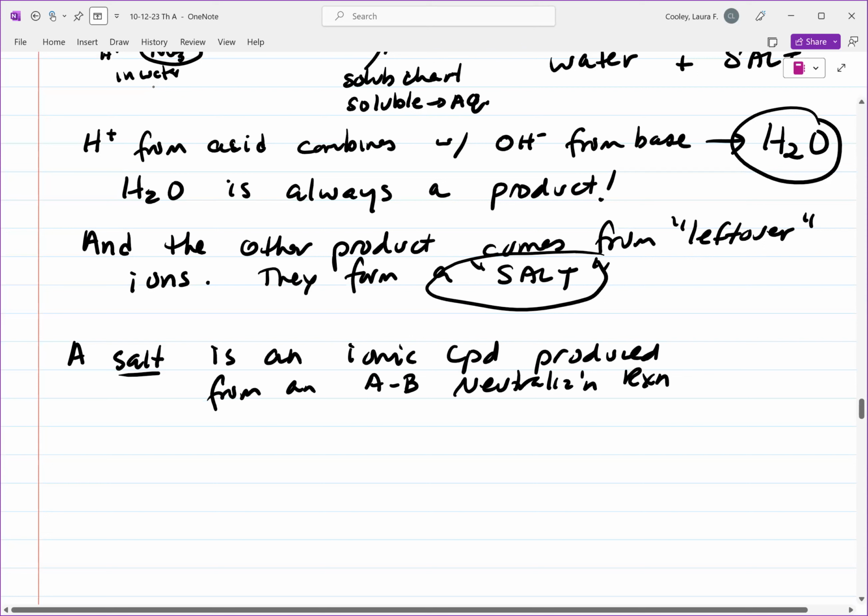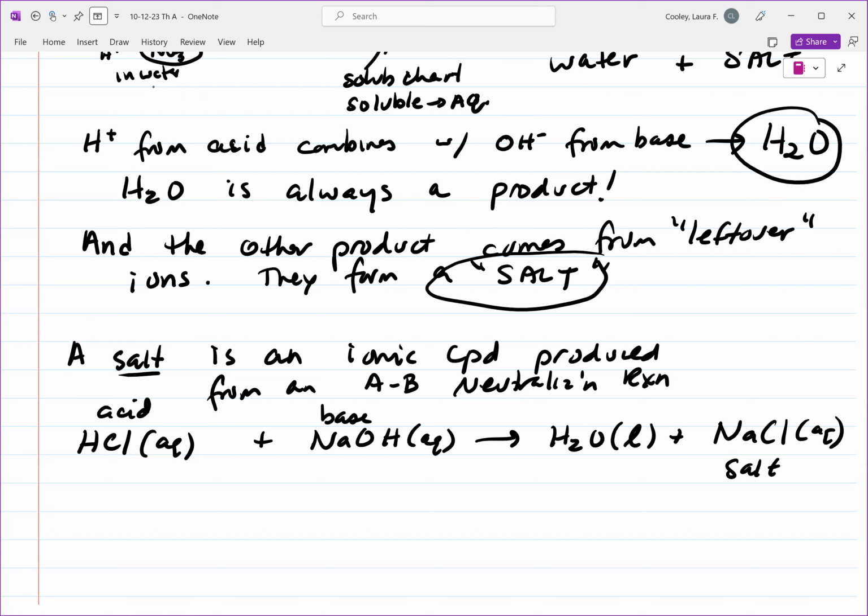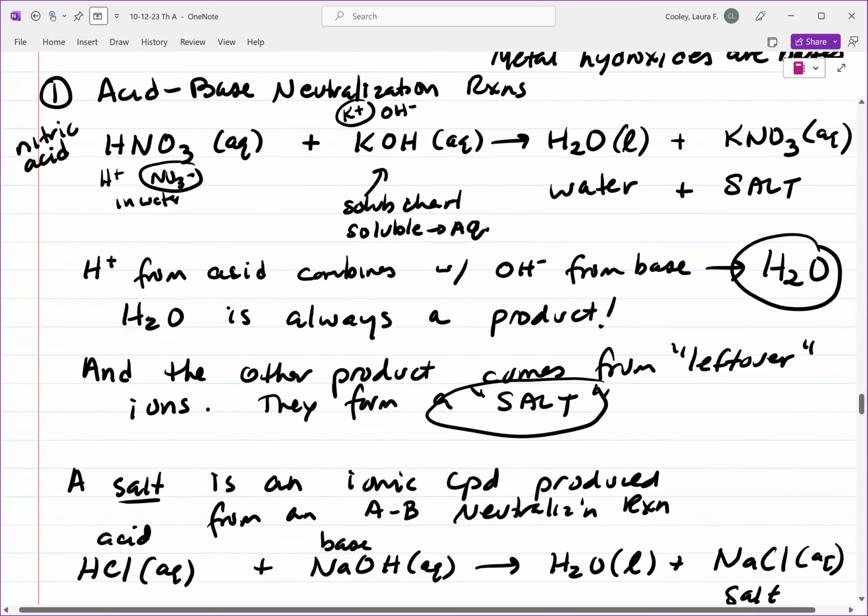So for example, if you had HCl, that's an acid, and sodium hydroxide, a very common combination, a base, you get water and our favorite salt, NaCl. That's why it has the name salt, okay? All right, I don't know if I balanced the one up there.